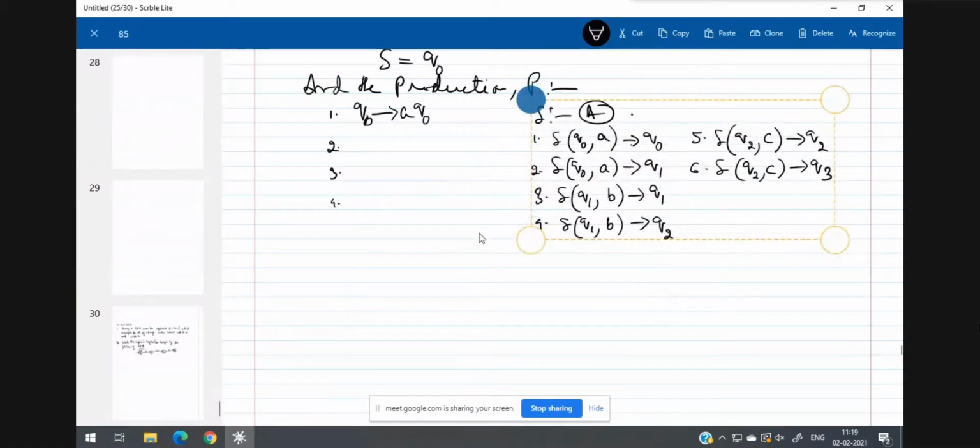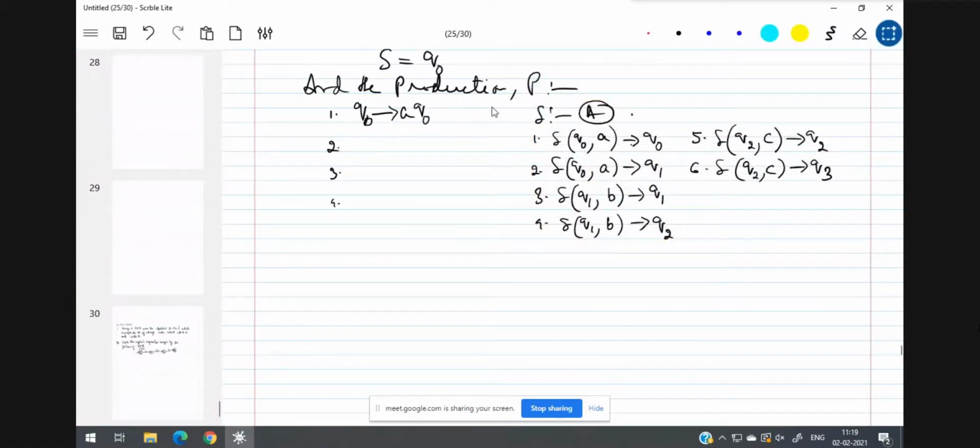Okay, now see here, number 1 completed. Number 2, Q naught will be the non-terminal on the left hand side, and then A followed by Q1. Now number 3.